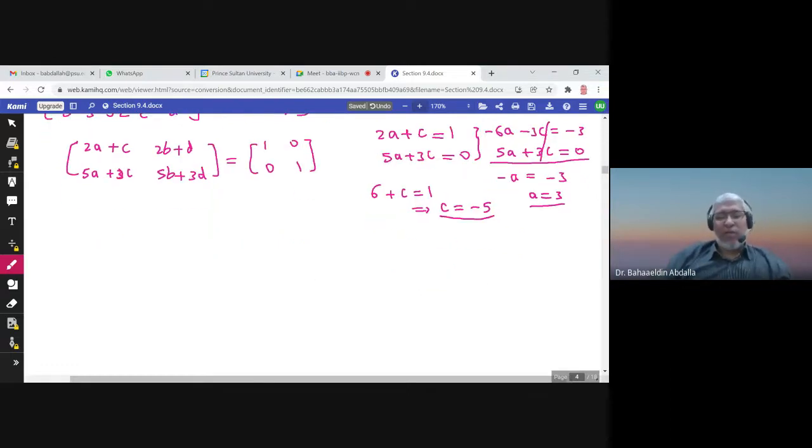So let us go back to this equation. I also have 2b plus d should be equal to 0 because of the equality between the two matrices. And 5b plus 3d should be equal to 1. Again, I have a system of two equations in two variables. And again, I will multiply the first equation by negative 3.